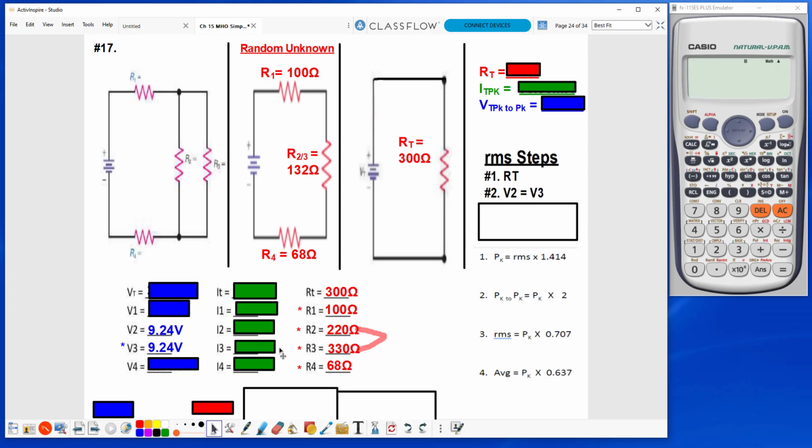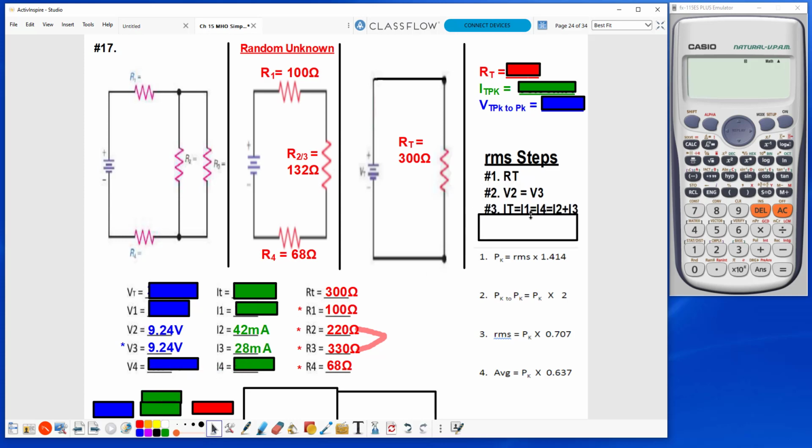Now I have 2 out of 3 for I2, so I can apply Ohm's law and divide the V2 by the R2 to get the I2. I can divide the V3 by the R3 to get the I3.